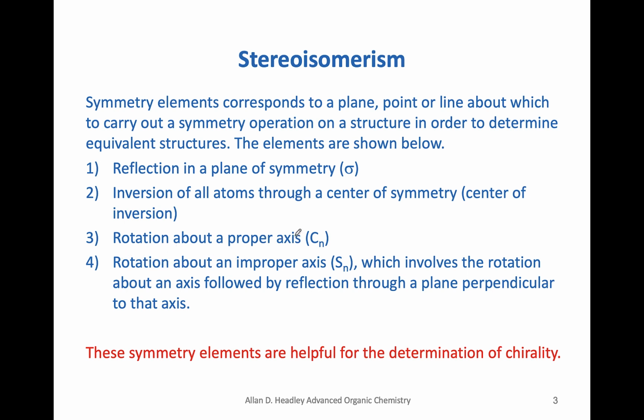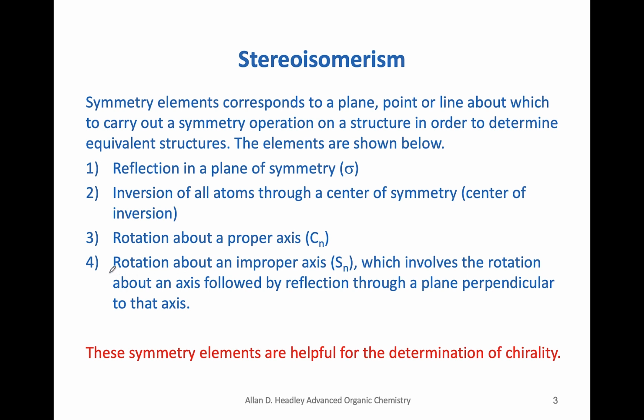In other words, if you have a molecule and you find an axis, a line right through the center, and you rotate it by 180 degrees, also known as a C2 axis rotation, what results? If the result is the same, then that molecule is described as symmetric.